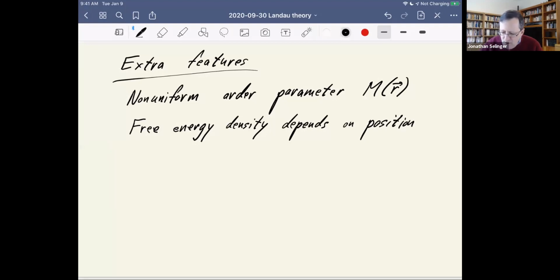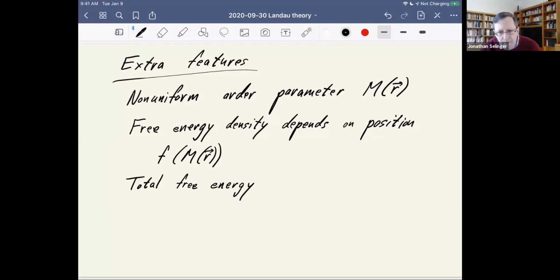Okay, so the point is, we have the free energy density, which depends on M, and M depends on R. So there's a free energy density that depends on position. Then the total free energy isn't just the volume times the free energy density, because the free energy density is different in different places.